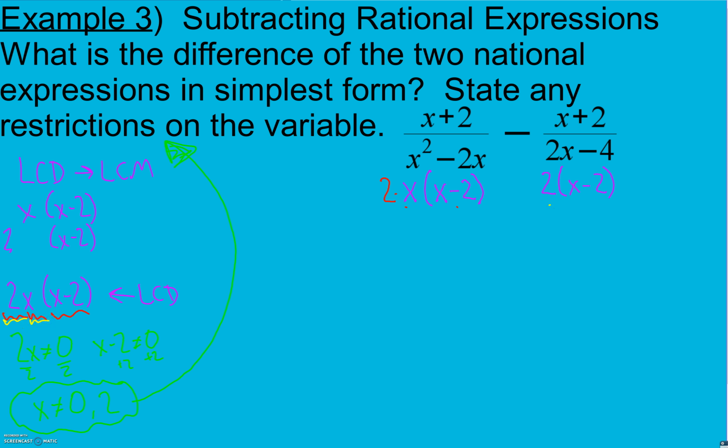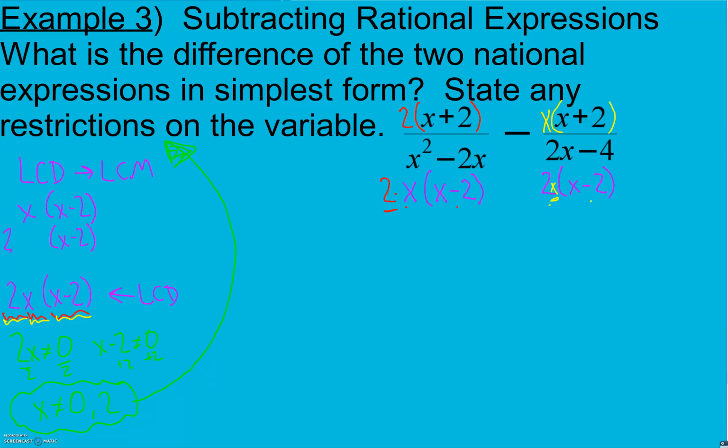Do I have the x? Nope, I need it. Do I have the x minus 2? Yep. Now, whatever I multiplied my denominator by, I have to also multiply my numerator by. So since I multiplied by this x here in my denominator, I have to do it in my numerator. Since I multiplied by this 2 here in my denominator, I also have to do it in my numerator.